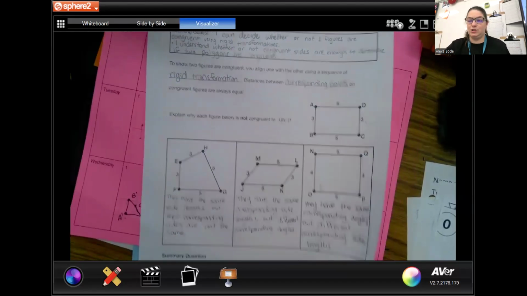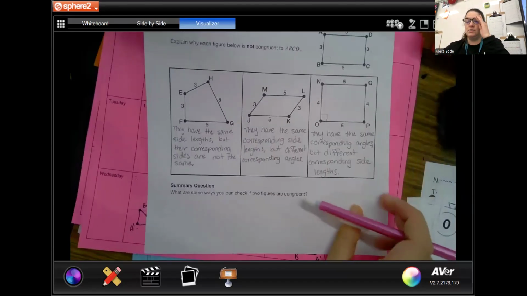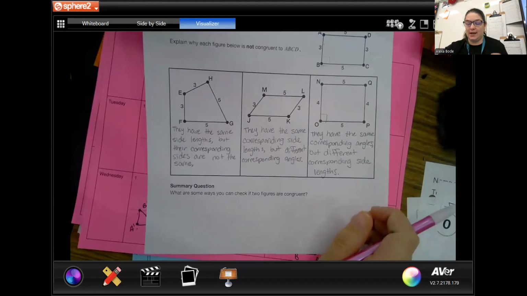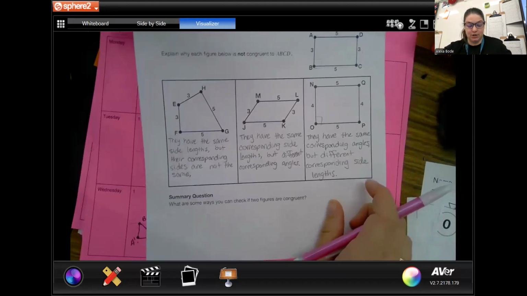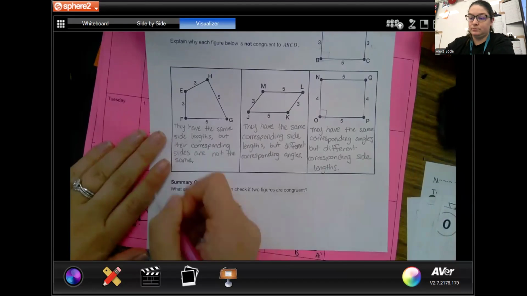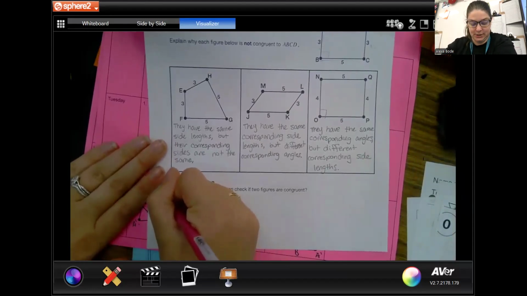Our summary question says, what are some ways you can check if two figures are congruent? So I'm going to give you two ways here.